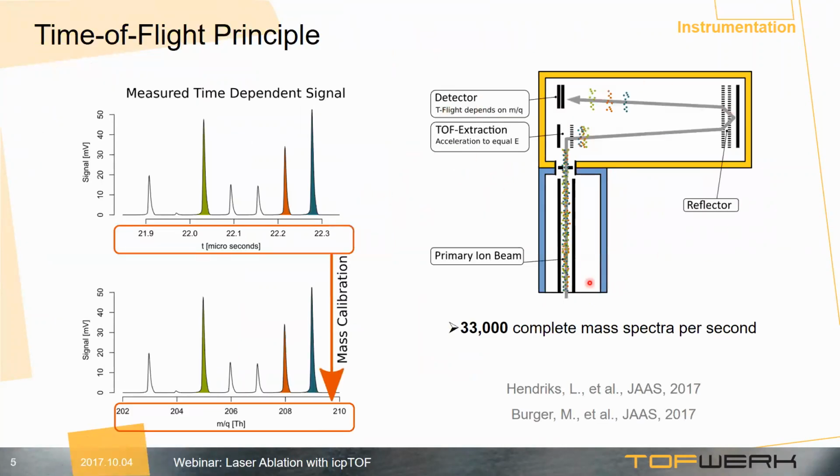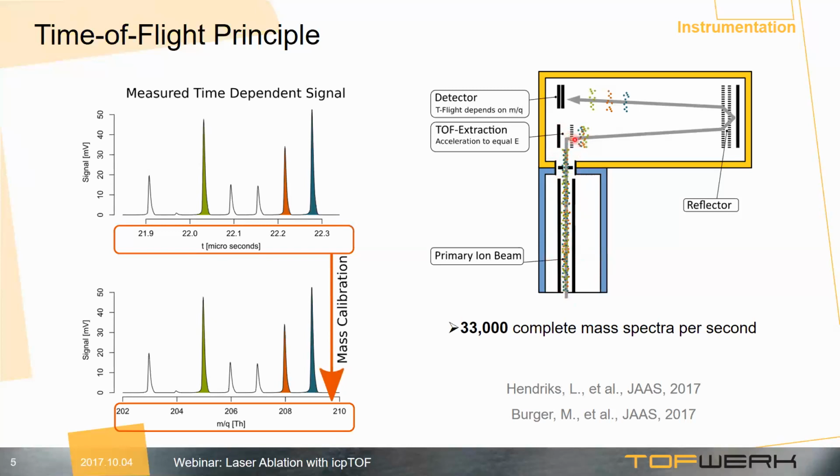In the schematic view, the main difference to sequential mass spectrometers like quadrupole or sector field instruments is that we introduce all of the ions together. They all enter this extraction area, where they're accelerated to equal energy via pulsed voltage. Because they all have different masses and the same energy, they must fly at different speeds.